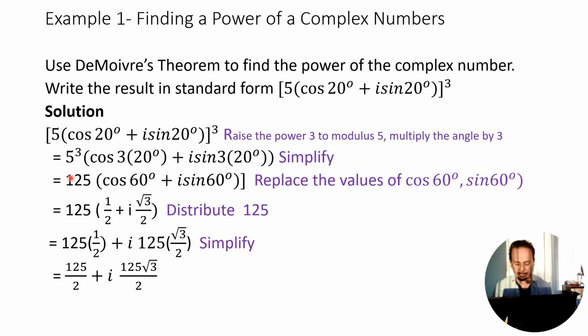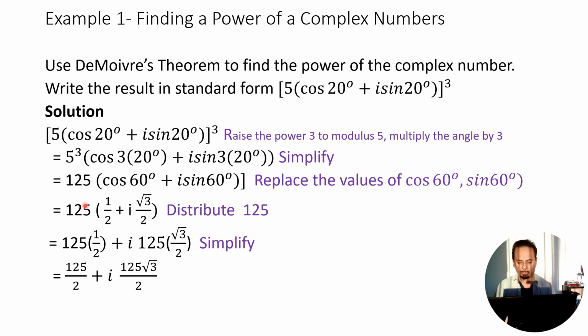So we have 5 to the third times cosine of 3 times 20 degrees plus i times sine of 3 times 20 degrees. Now we simplify this. 5 cubed equals 125 and this becomes cosine 60 degrees plus i sine 60 degrees. Now use the unit circle: cosine 60 is equal to 1/2, sine 60 equal to square root of 3 over 2.